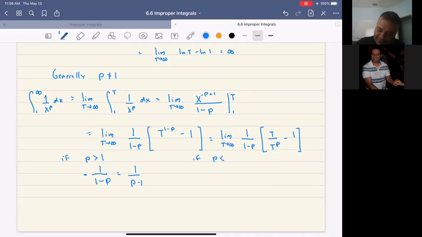If p is less than 1, then this is actually smaller than t, so this diverges again. So if p is bigger than 1, it converges. If p is less than 1, it diverges.